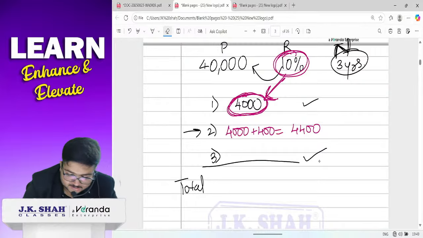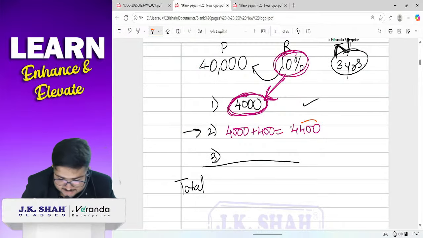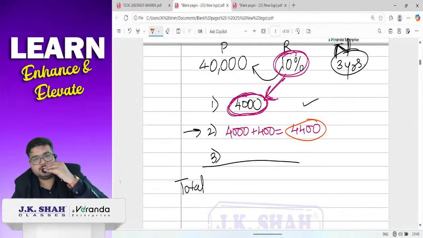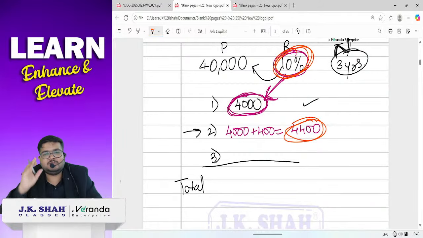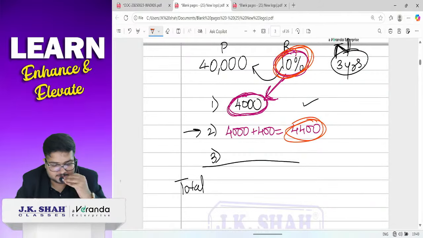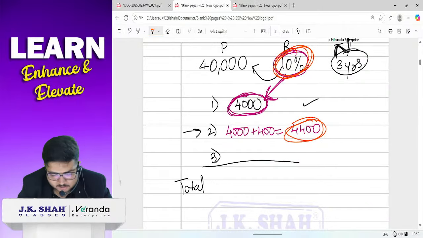Everybody with me? Now for the third year you will take help of this 4,400. You will find 10% of 4,400 and you will add that in 4,400. 10% ढूंढो और उसमें ही add कर दो. That was my dialogue.